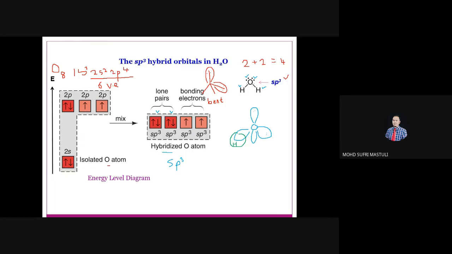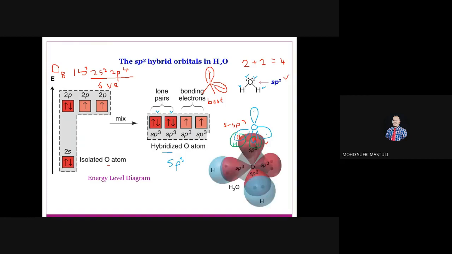This will overlap with the s orbital, and spin up, spin down. So according to valence bond theory, it is s overlapping with sp3. Same goes here, s with sp3. So this is the geometry, bent tetrahedral, but due to the presence of two lone pairs, it becomes bent.